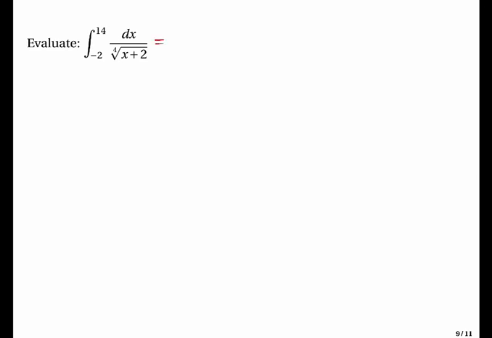So here we now write the limit as t approaches negative 2 from the right. Okay, this is on the lower limit, so we are approaching negative 2 from the right, of the integral from t up to 14 of dx over 4th root of x plus 2. So in here, we can easily get the integral.